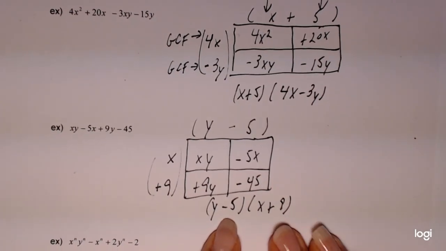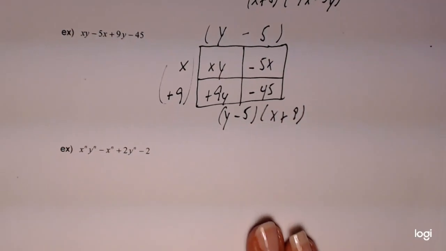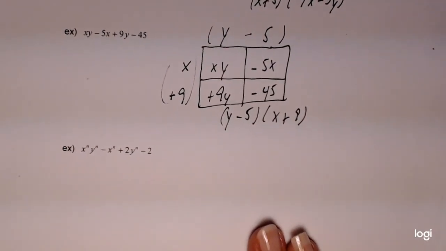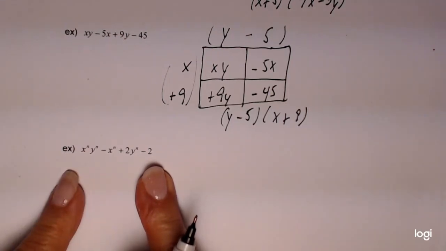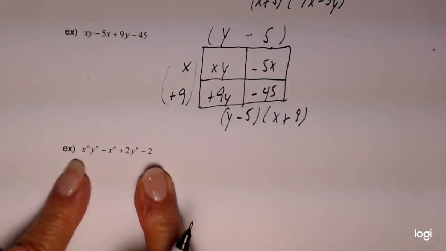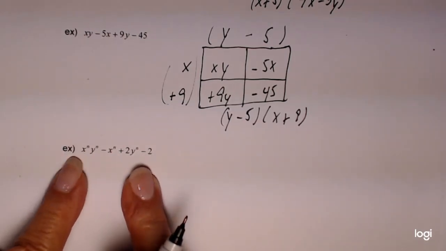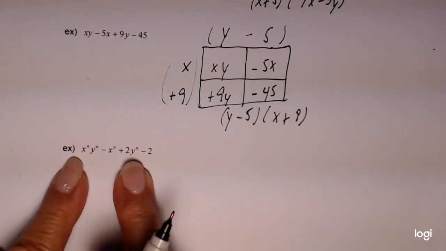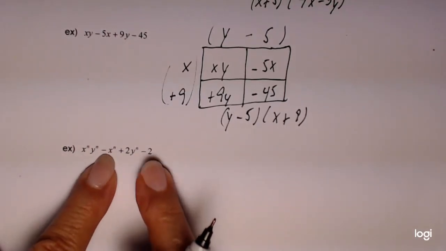Again, the answer is two binomials being multiplied. And now our last example, 1, 2, 3, 4 terms. So it's eligible for grouping. And if we take a look at our information, x to the n, but no x's back here, and then y's and y's, but no y's here.